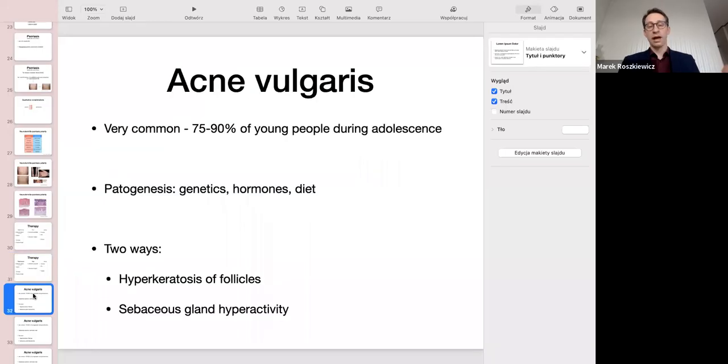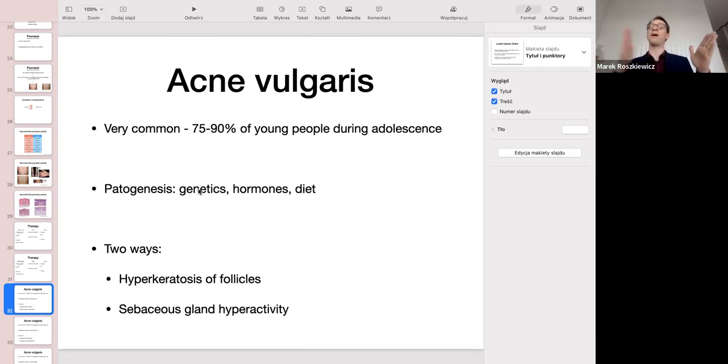And just at the end, I would say acne. Why? Because almost 90% of young people, especially in Europe, but I think in Israel it's also quite common, have it. And genetics, everything can be caused by the genes, and it is of course true.